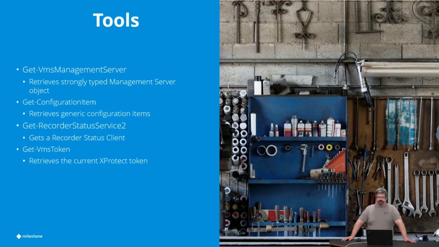There's also, for example, Get-RecorderStatusService, which will get you a client for interacting with the recorder status of whatever recorder you might want to talk to. And there's Get-VmsToken, which will give you the current XProtect token if you need to use that in, for instance, another application and you need to pass the token on.